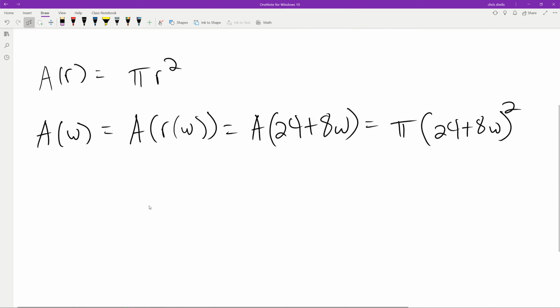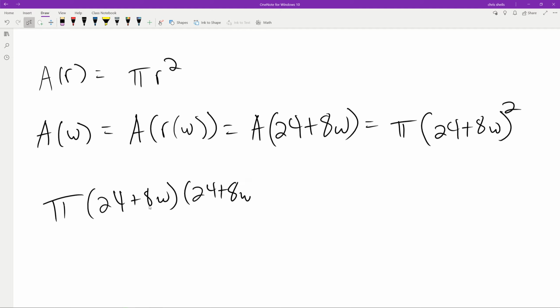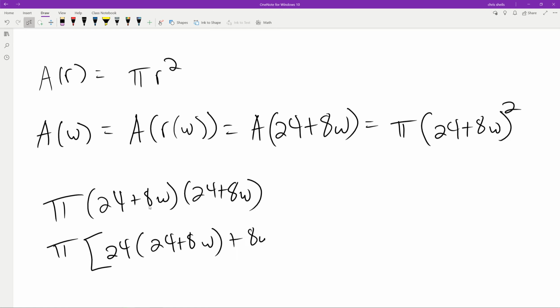And if I multiply this out, this is pi times 24 plus 8w times 24 plus 8w. This is pi times 24 times 24 plus 8w plus 8w times 24 plus 8w. I'm using the distributive property here.